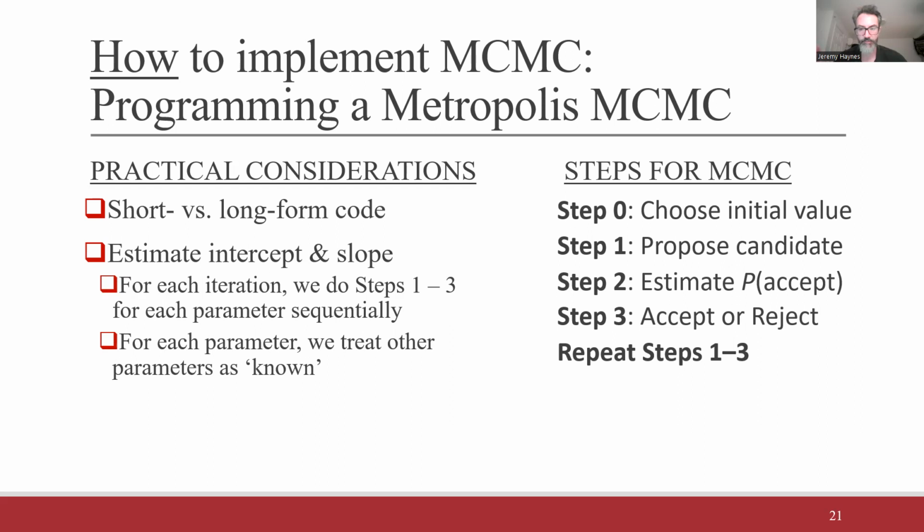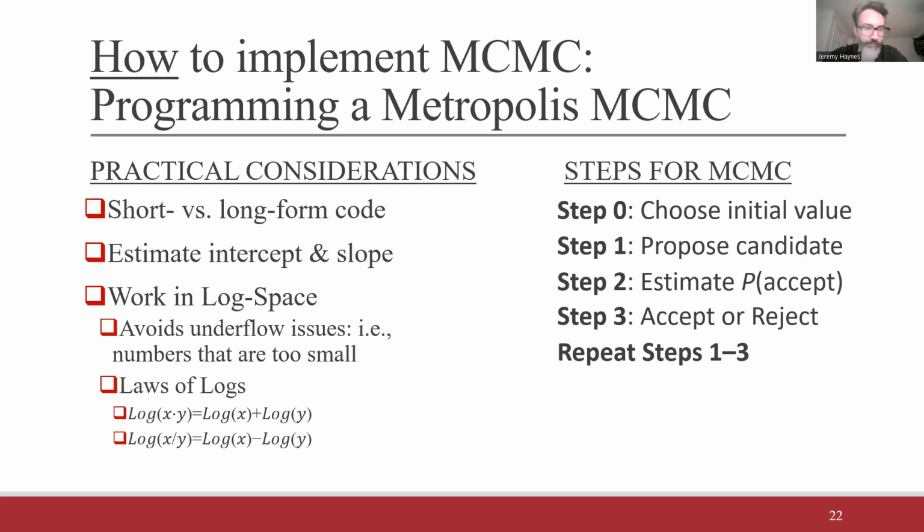And similarly for sigma, we'll treat that as known, and then we'll generate an estimate for the slope. And we'll just keep doing this for each parameter value. Again, as we walk through the code, I think that this will become a little bit more clear.